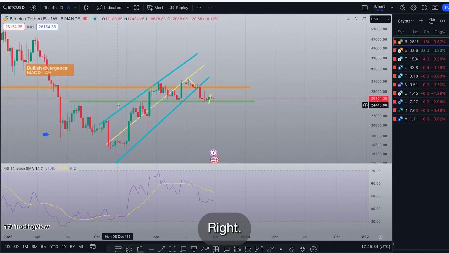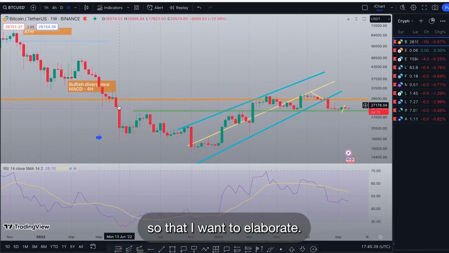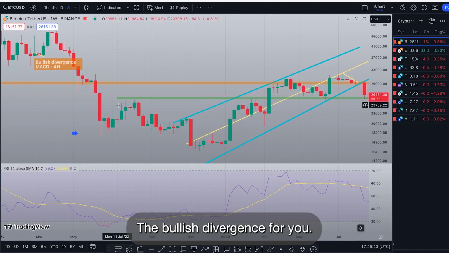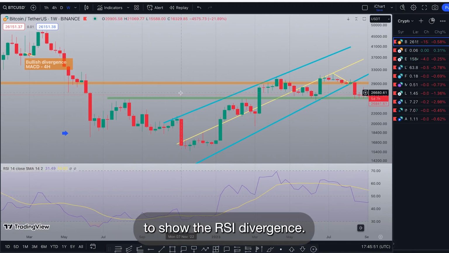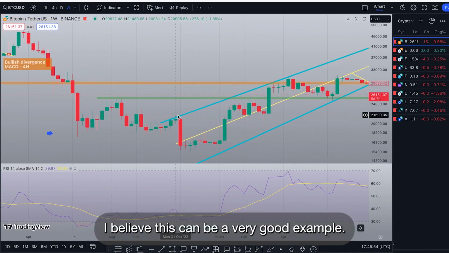I want to zoom in a little bit more so that I can elaborate the bullish divergence for you. I'm keeping my RSI on 14, like always, searching for a point to show the RSI divergence. I believe this can be a very good example.